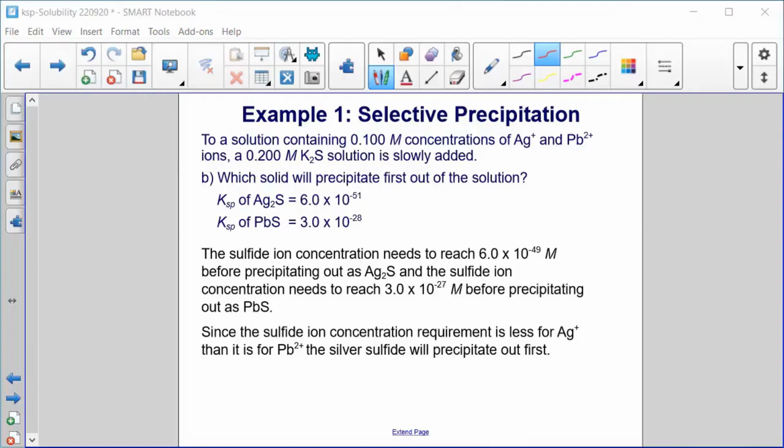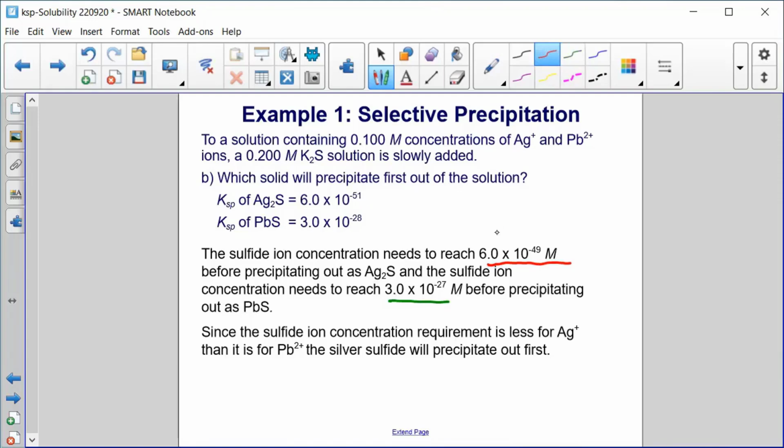All right, so for the precipitation of silver sulfide, we found that the sulfide ion concentration needs to be 6.0 times 10 to the minus 49 molar, and for the lead sulfide, the sulfide ion concentration needs to be 3.0 times 10 to the minus 27 molar.